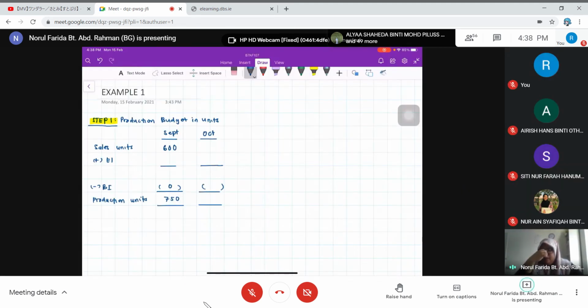We assume there is no beginning inventory lah for the first month.